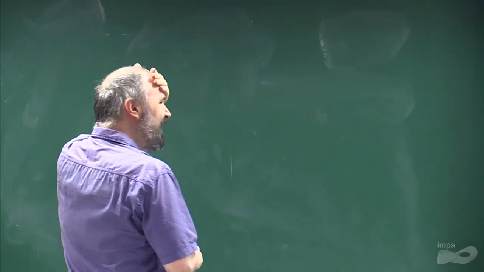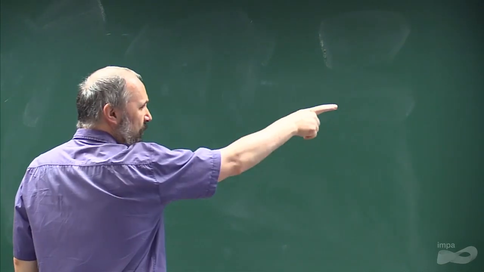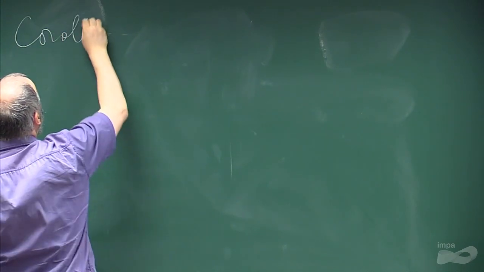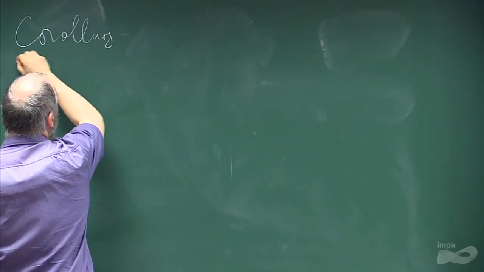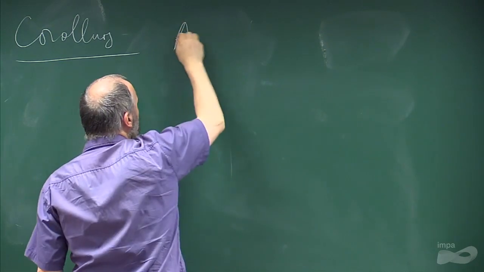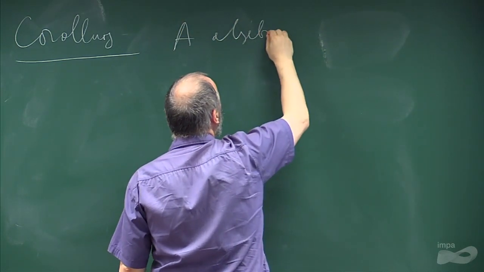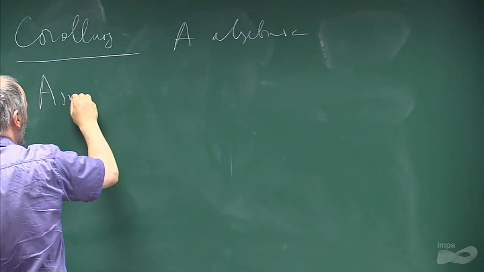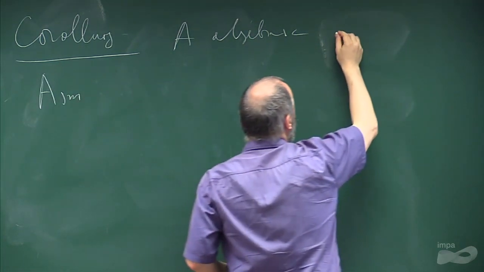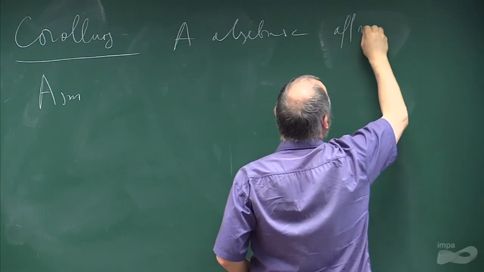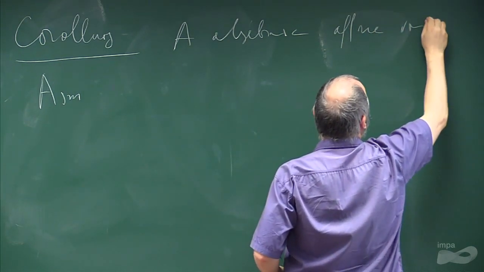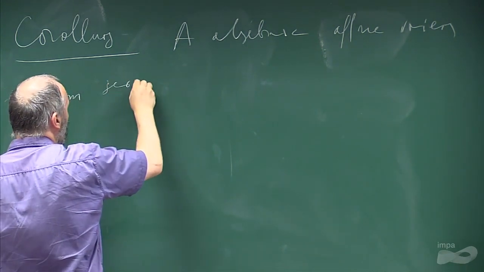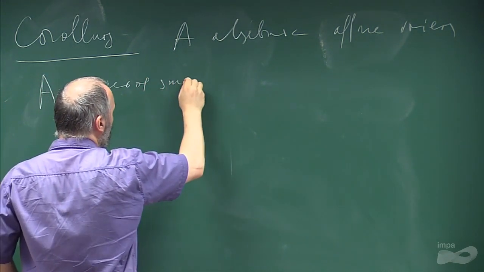Okay, so this is actually the corollary which I want to discuss. Corollary. Suppose that A is an algebraic affine variety, and A smooth is its set of smooth points.